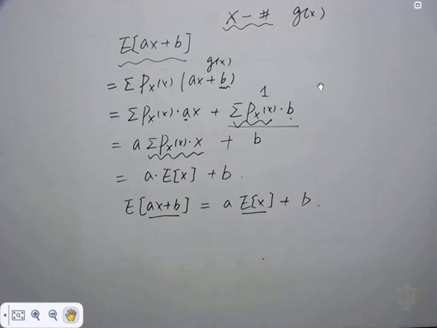We should do some examples. So we call this a linear operator. E of x is a linear operator. You know many linear operators in your mathematics. Differentiation is a linear operator. Integration.